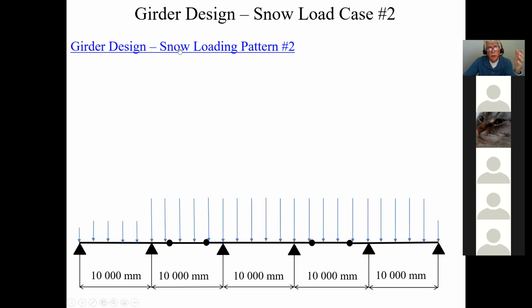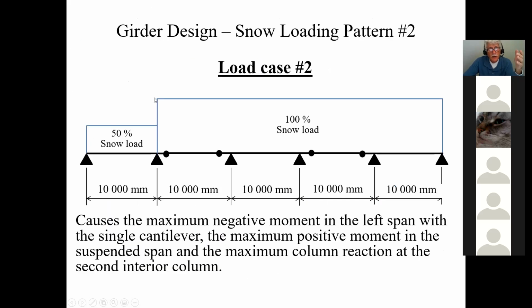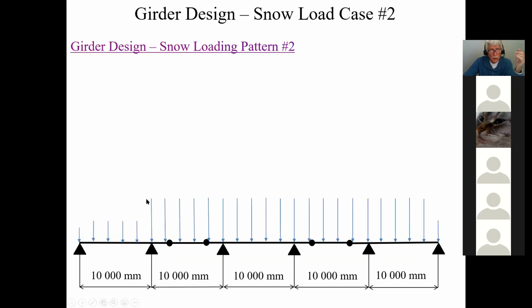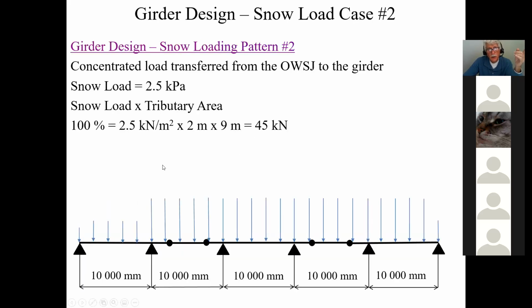Then snow case number 2, if you remember, is 50% here and 100% all the way across here. So what we're going to do is the same thing. For 100%, we have 2.5 times 2 times 9, which gives me 45 kilonewtons.